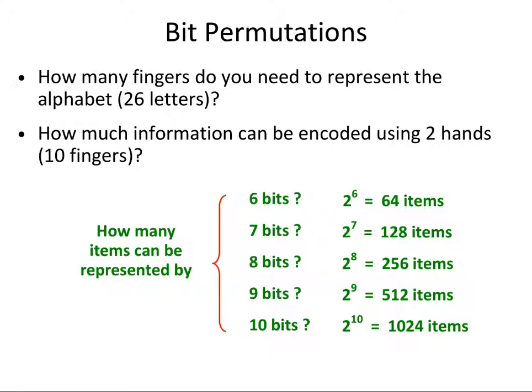So if we have 10 fingers or 10 bits, we could encode 1024 items. And you might recognize this if you've ever tried to format a hard drive or look at the amount of space you have, you might have noticed that the storage isn't in perfectly round numbers, but it is usually close to a power of 2.